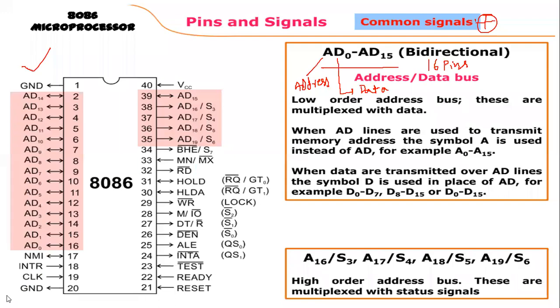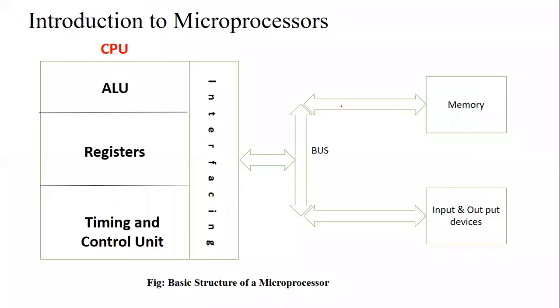Whenever you send any information to the microprocessor, we are using the address. You know that memory is segmented in addresses, and in each and every address we have some data.